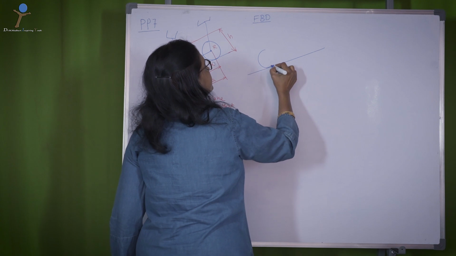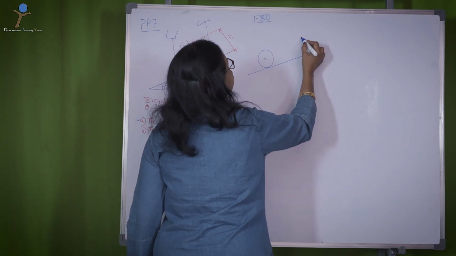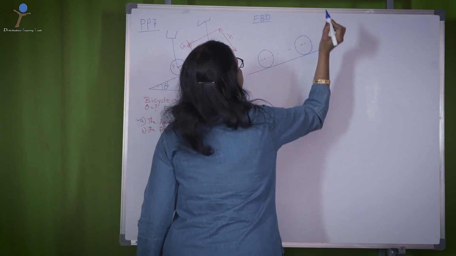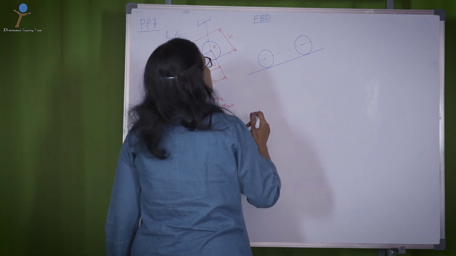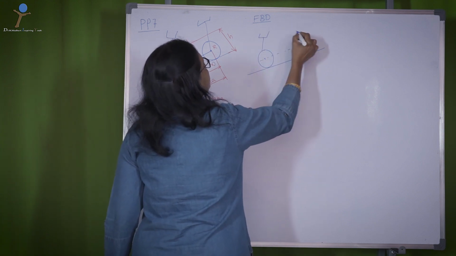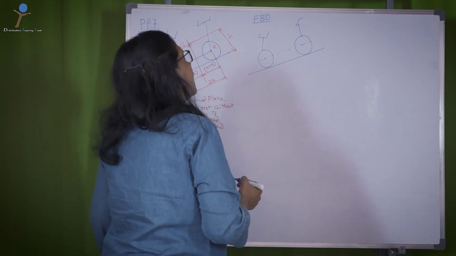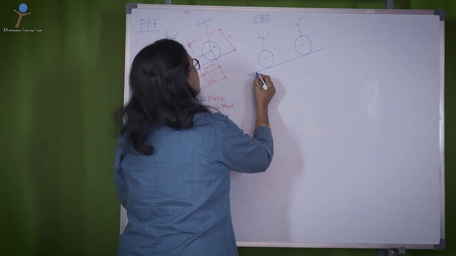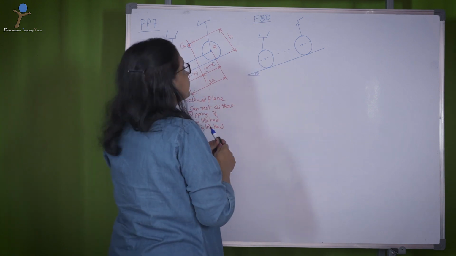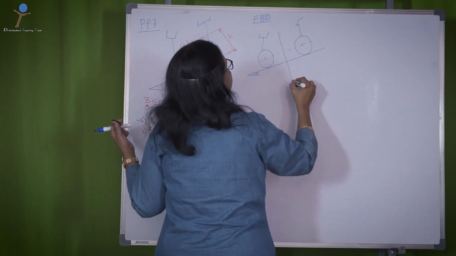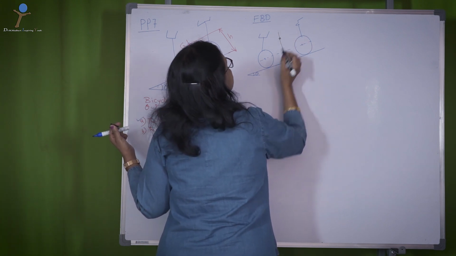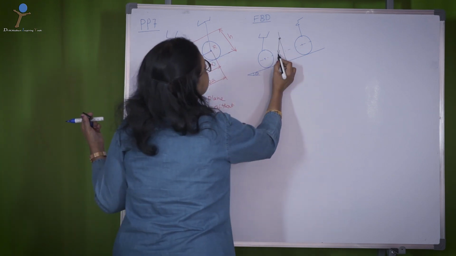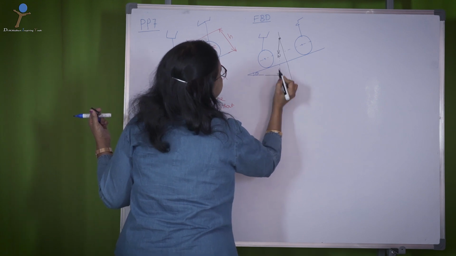You have the front wheel here with its center, the rear wheel with its center here, then we have the weight acting at a height of G. The weight always acts perpendicular to the ground surface.